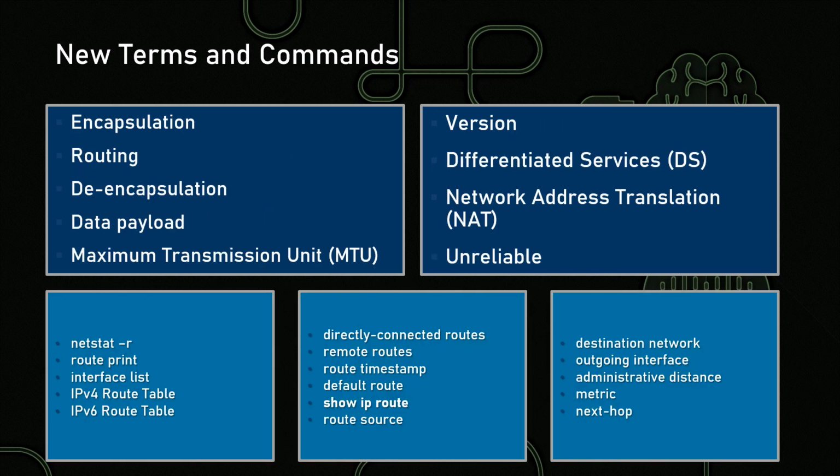Also, we have encapsulation, routing, de-encapsulation, maximum transmission unit and data payload, version, differentiated services, network address translation, and unreliable protocols. In the light blue at the bottom, these are some of our new commands that we will be using in both Windows as well as in iOS.